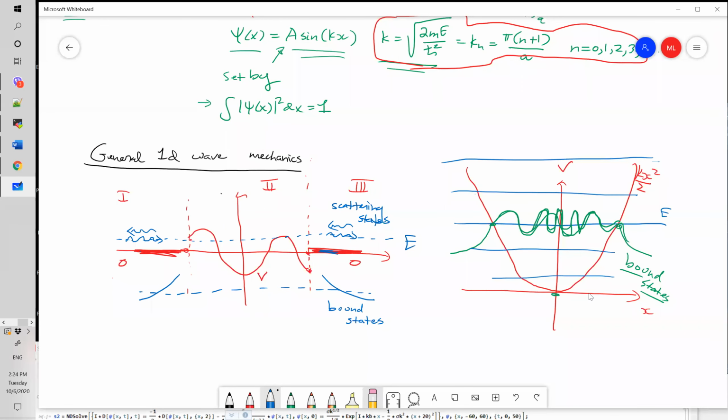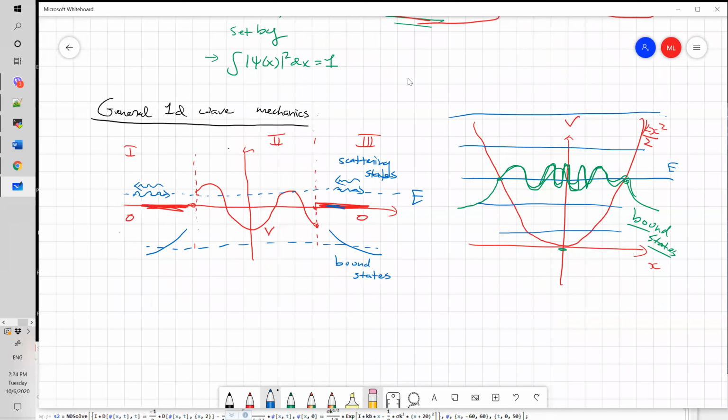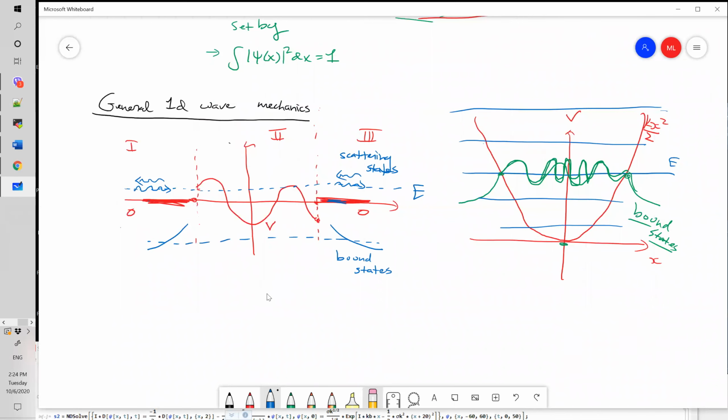And because of that extra constraint, you get these square normalizable functions that decay at infinity in both directions. Then, you only get certain values for the energy. You get a quantization of the energy levels, which I guess is the original way that people thought about quantum mechanics, is a quantization of the energy levels.